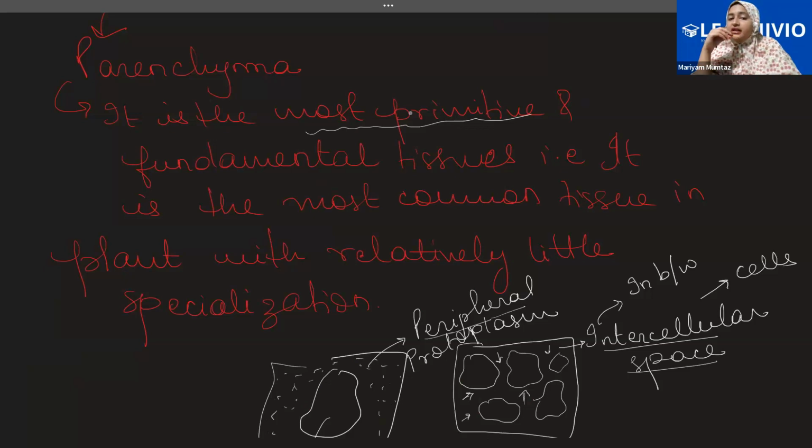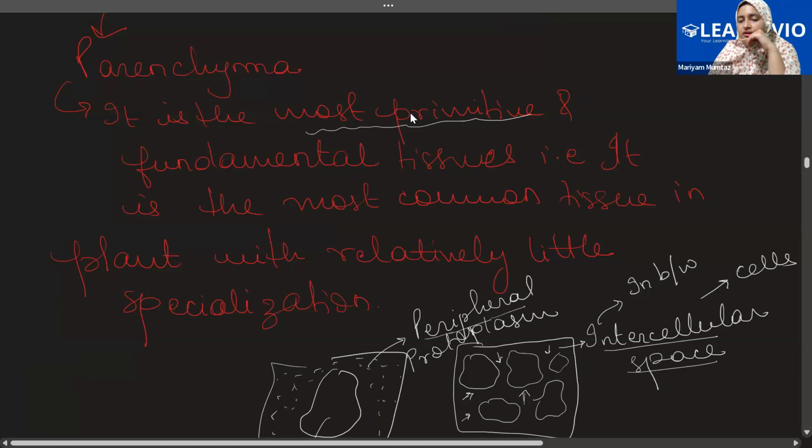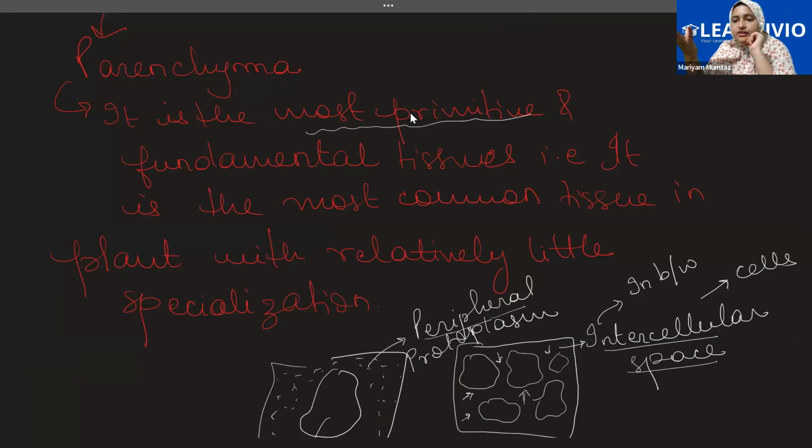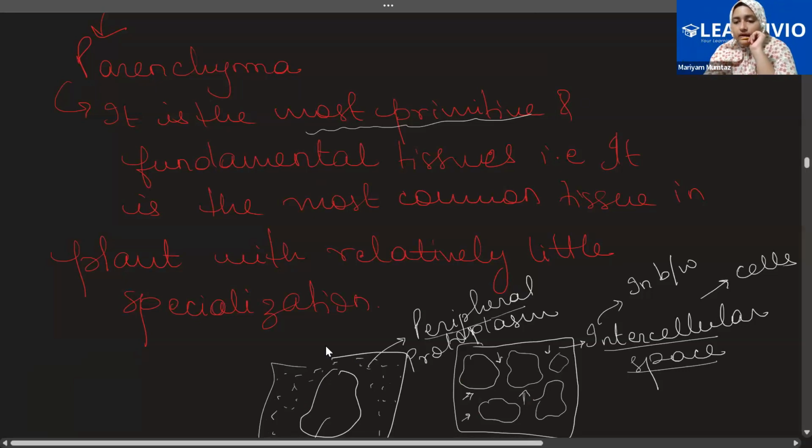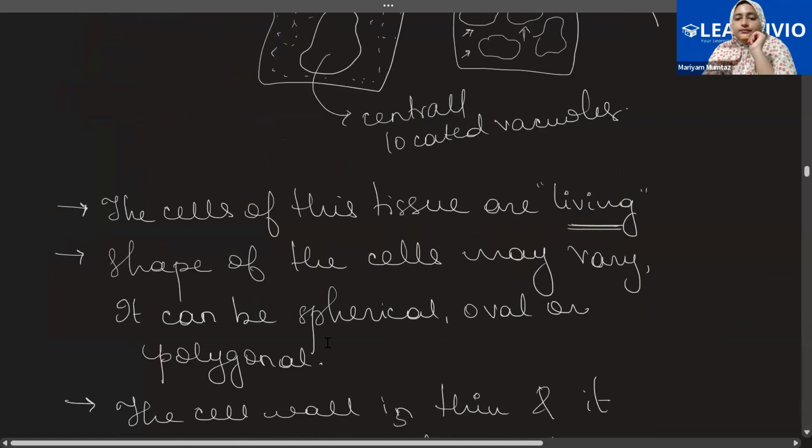It is the most common tissue in plants with relatively less specialization. Meaning this tissue does not have a lot of modifications. It is very simple, the most important and basic tissue, meaning this tissue will be present 100%. Clear?